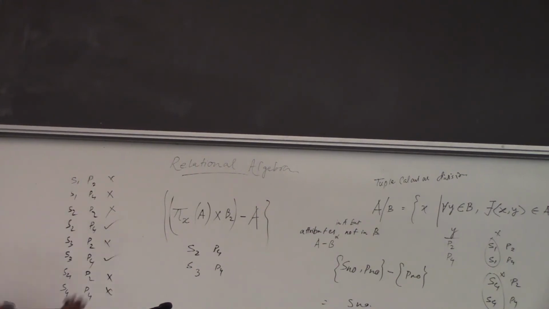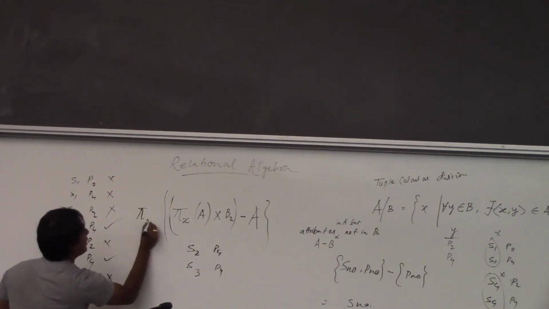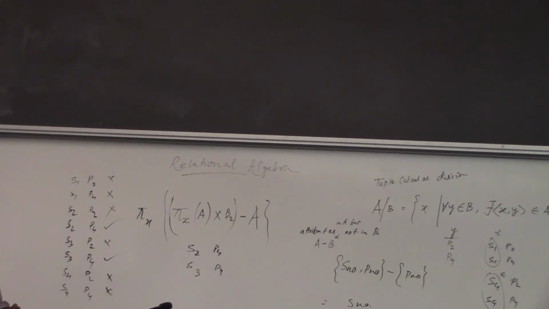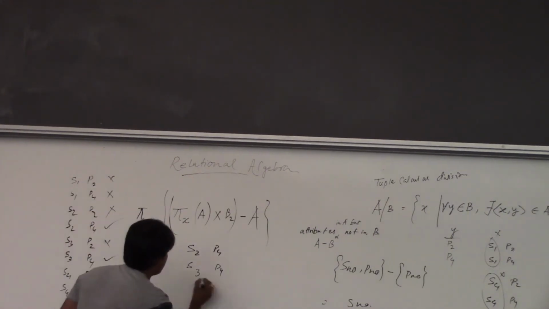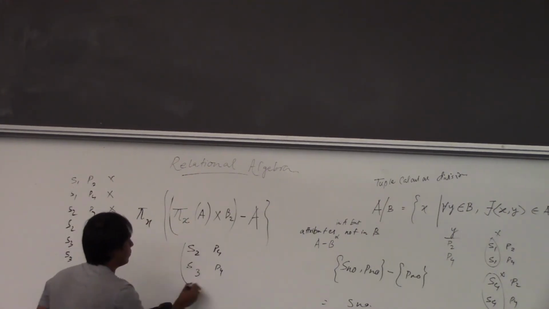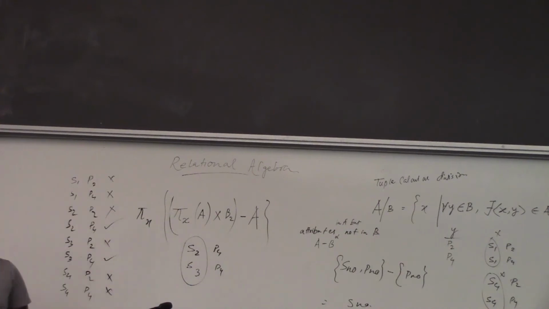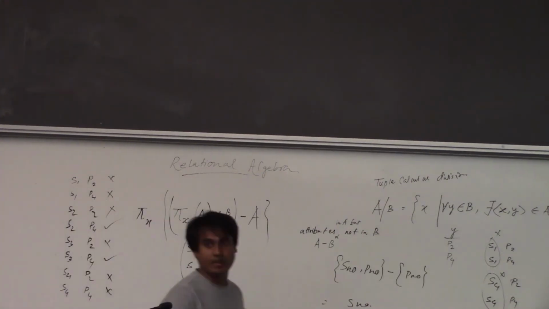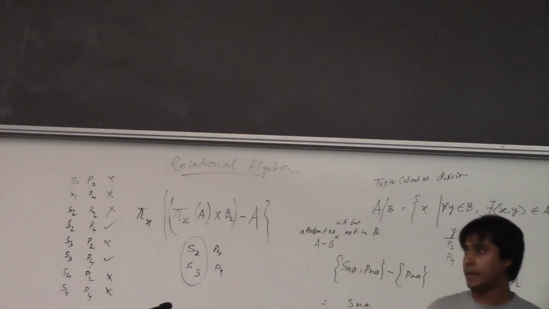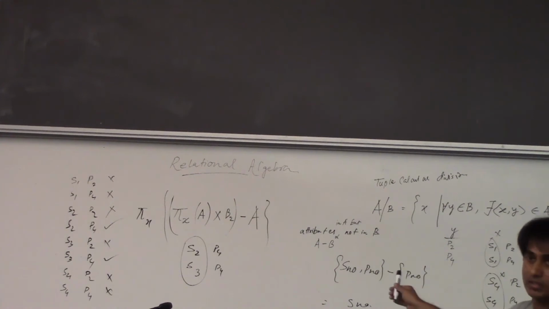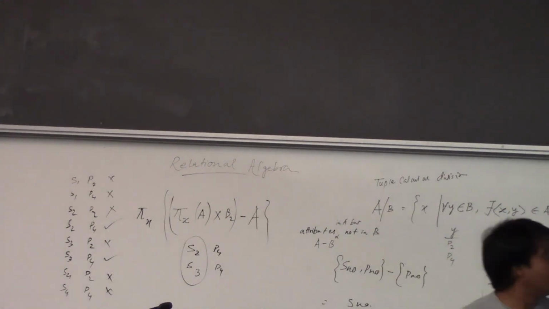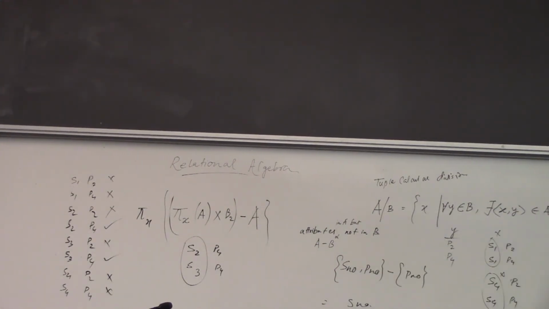Right? Now let's do the projection. Only x. So what we get? After we do this projection, we get this part, S2 and S3. So these are the disqualifying elements. You see that? You see that S3 and S2 are not the result in this one.